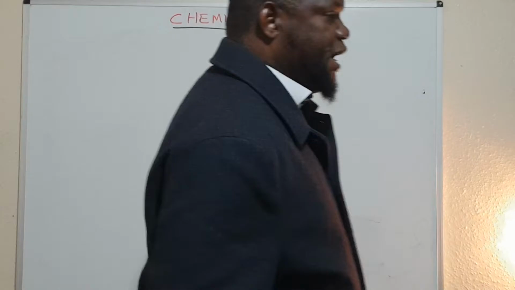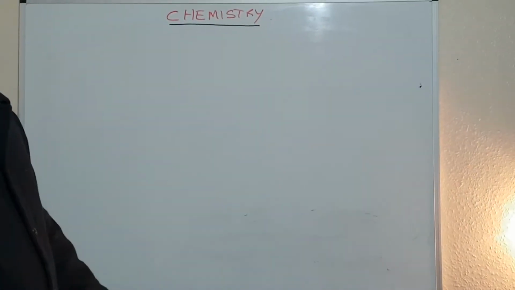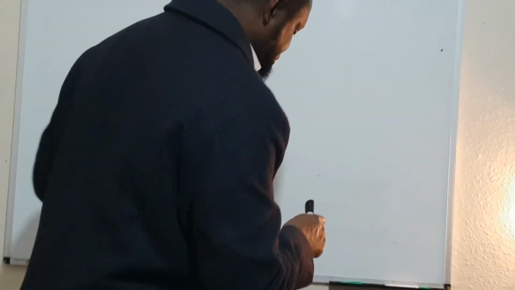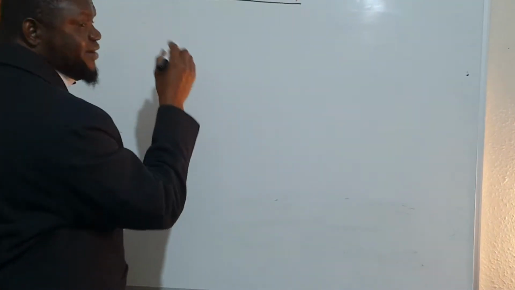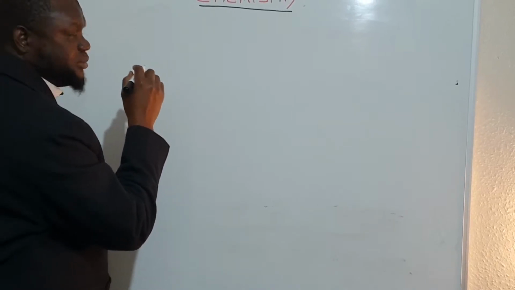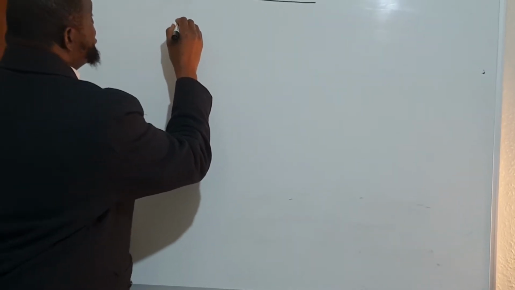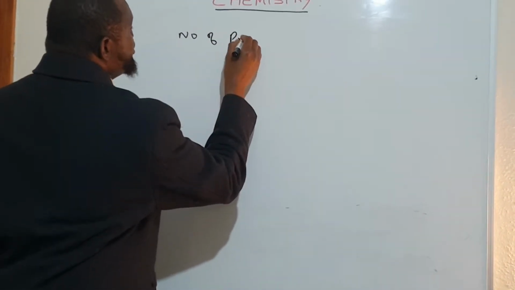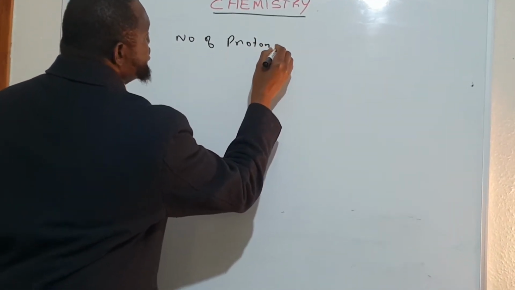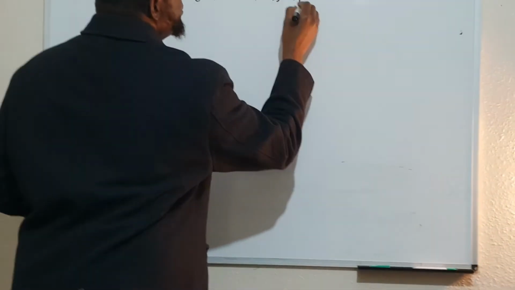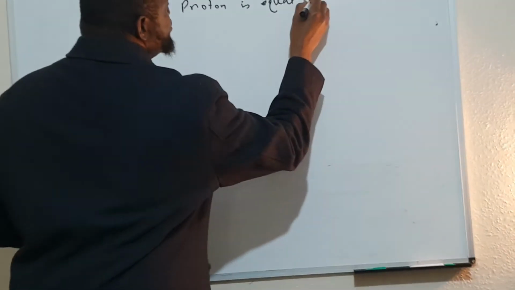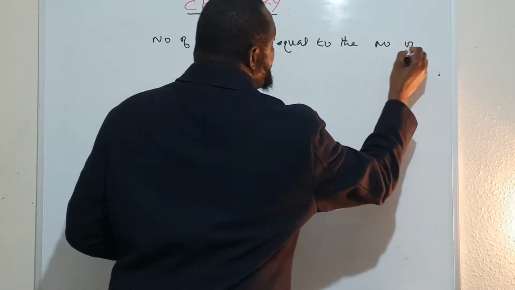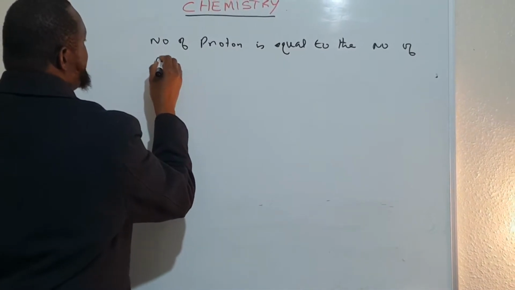Okay. Now, we have to learn some principles or some facts about an atom. For every atom, the number of protons is equal to the number of electrons, okay?